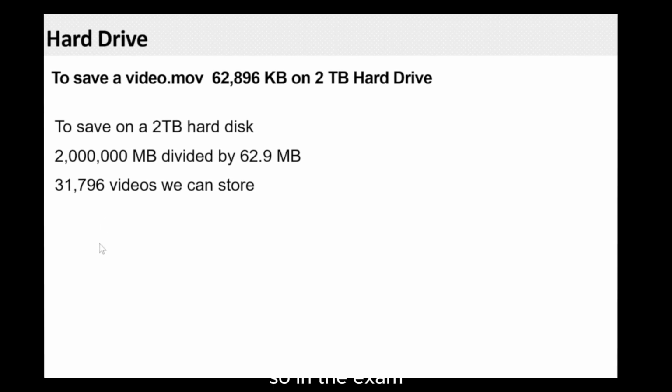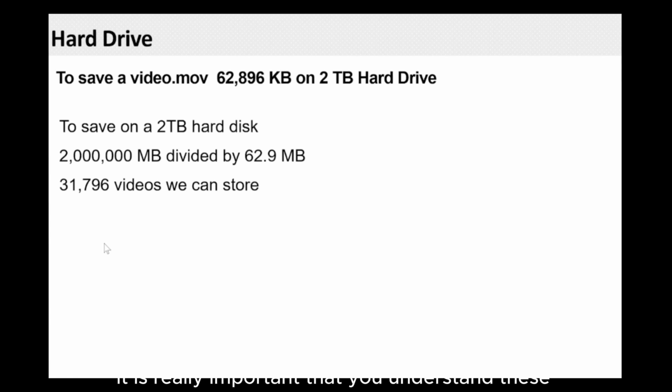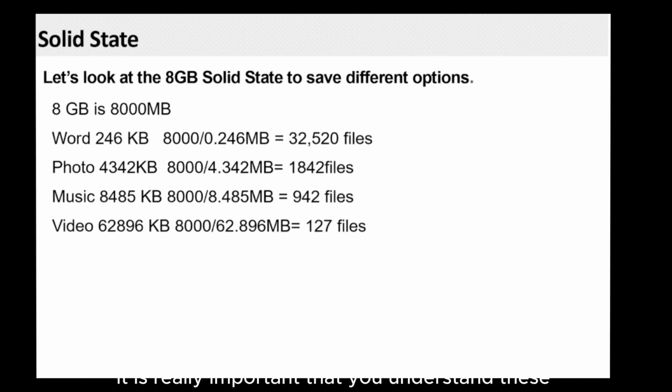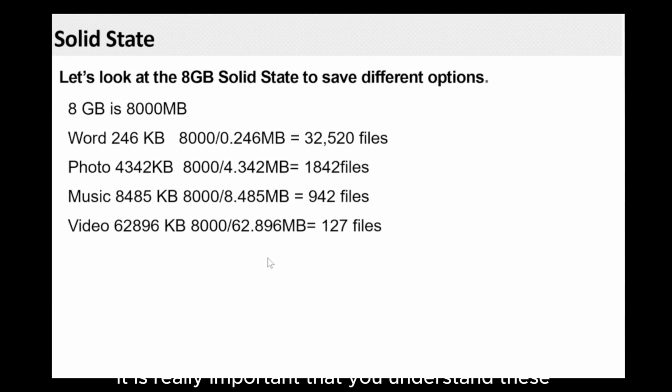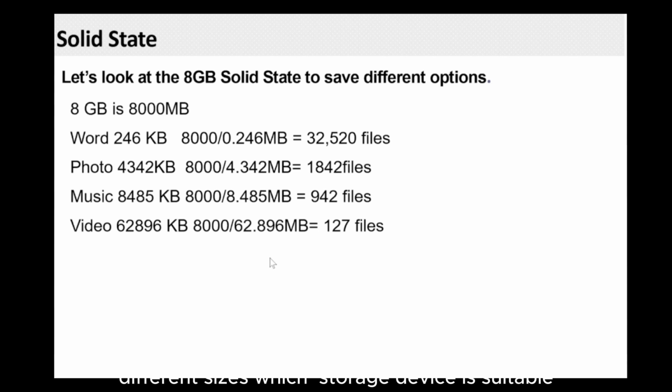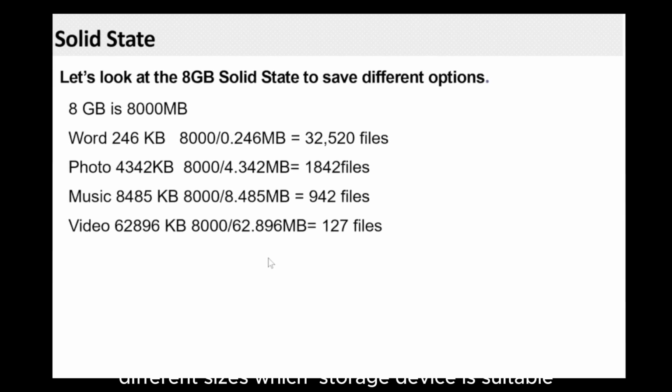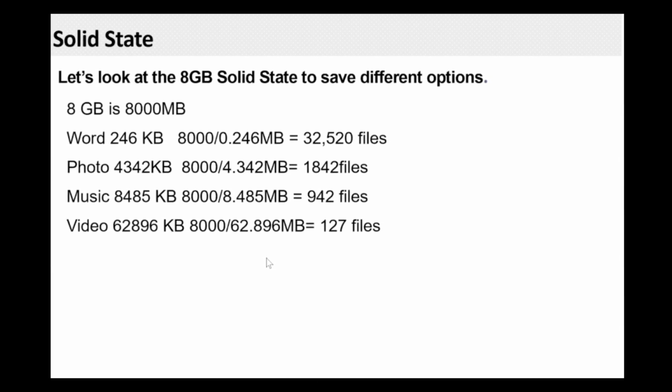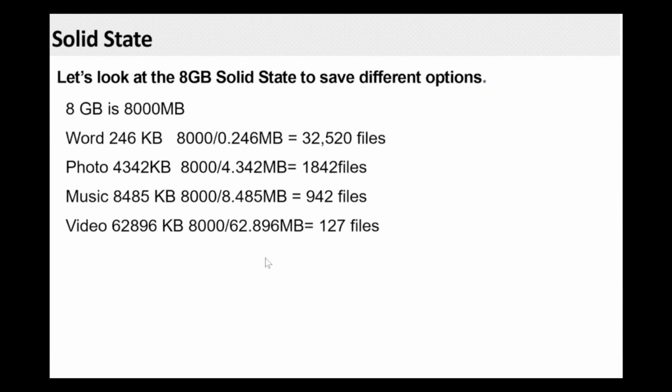So in the exam, it is really important that you understand these different sizes, which storage device is suitable. For example, here, let's look at 8 gigabyte solid state to save different options.